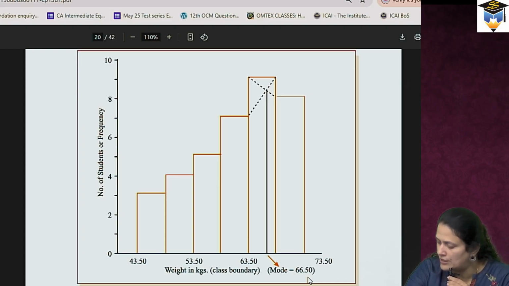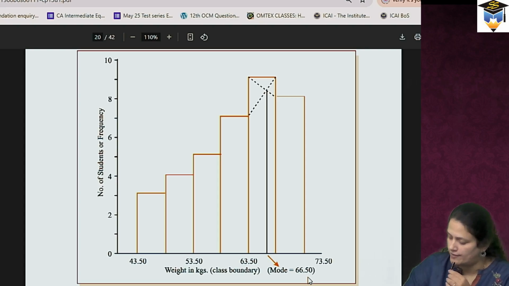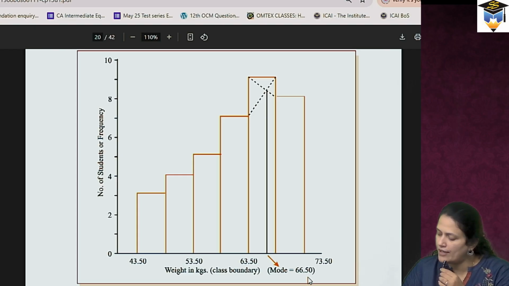You have written up till step 3. Step 4, identify the point where the two lines intersect.